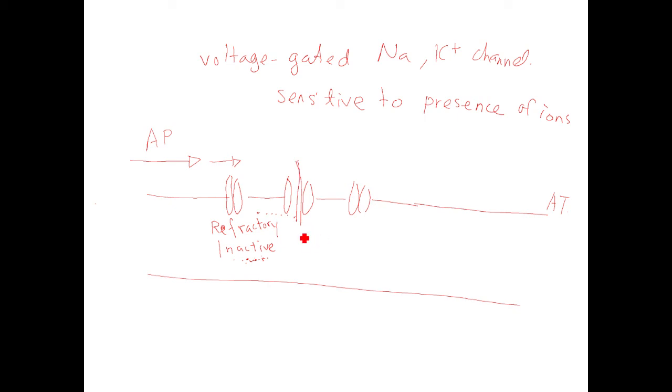And similarly, the sodium ions will diffuse to the next segment of the axon and stimulate these other sodium channels to open, and so on and so forth. So the action potential is traveling along this direction. Any sodium channels that were previously open will be in a temporary refractory state. That is, they are not sensitive to ions.